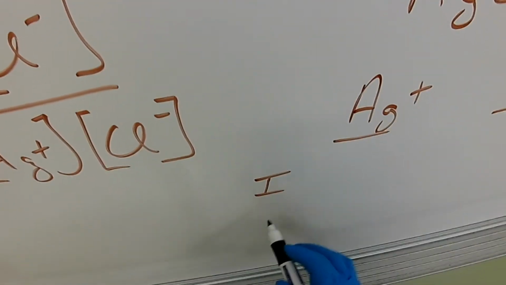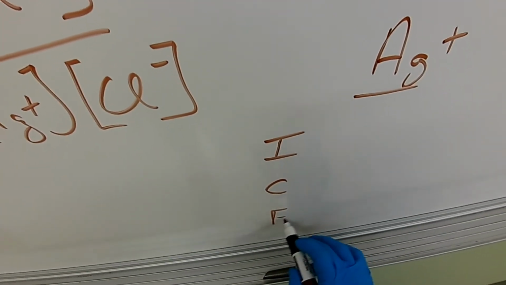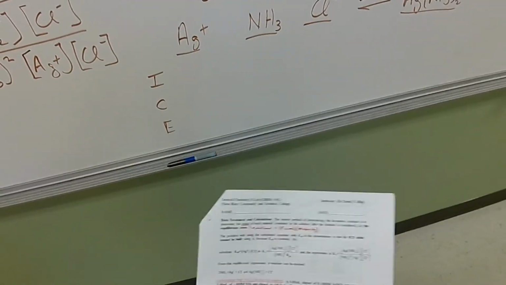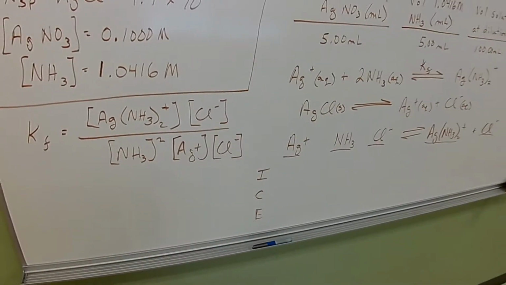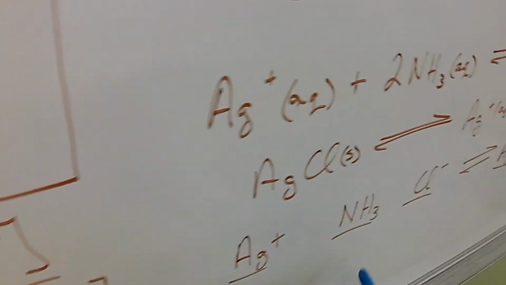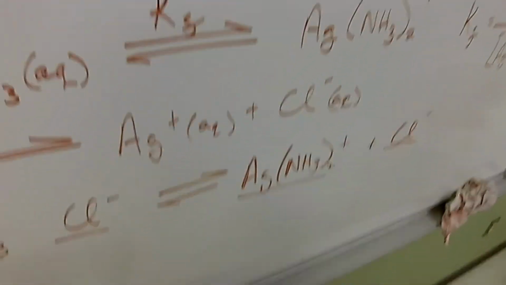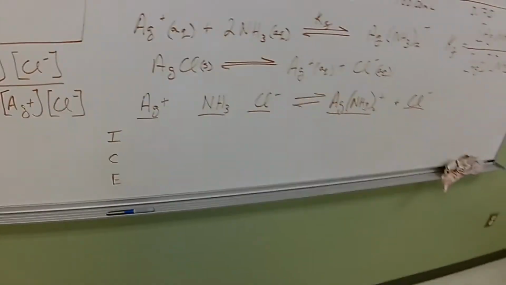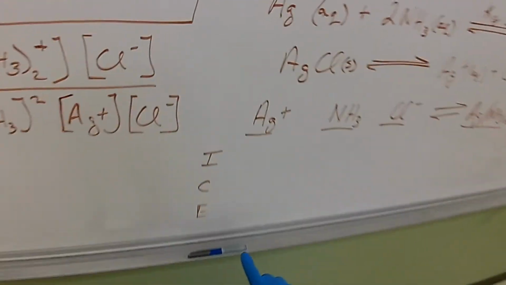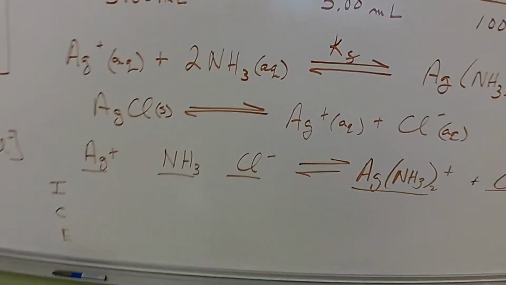So initially, we have something, then the change, and then the equilibrium, right? So that was the first trick. The next trick is, rather than put concentration values in here in the beginning, we're going to use absolute values. And then afterwards, once we find out what the equilibrium absolute values are, we'll calculate the concentrations.